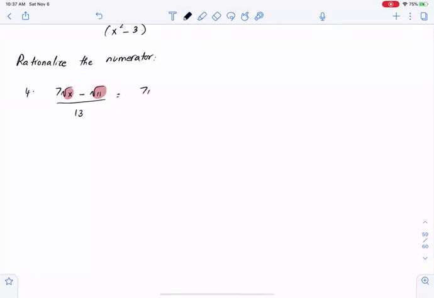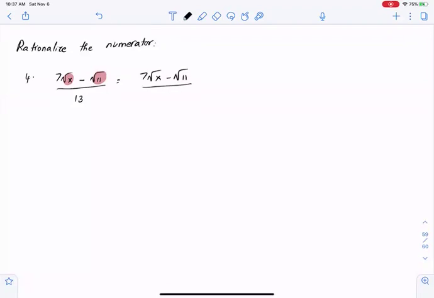So to rationalize, I'm just going to multiply and divide by the numerator, specifically, the conjugate of the numerator.